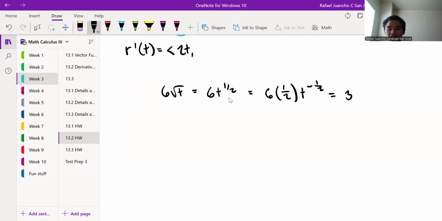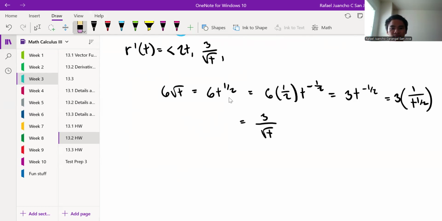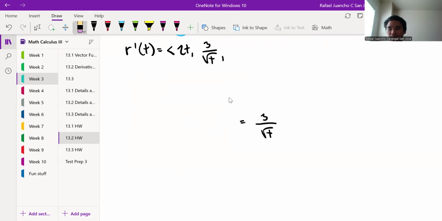This is a 3, this is t to the negative 1/2. This is 3 times 1 over t to the 1/2, and that's just 3 times 1 over square root of t, and so that's just 3 square root of t, right? So that's that derivative. So we have 3 square root t. Yeah, so more on Calc 1 stuff, taking derivatives.